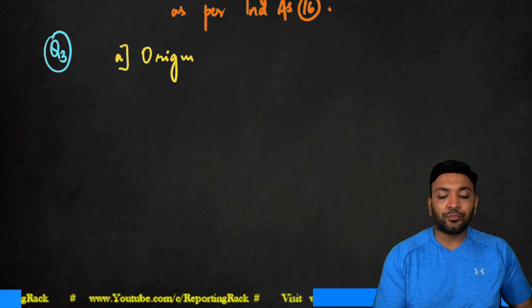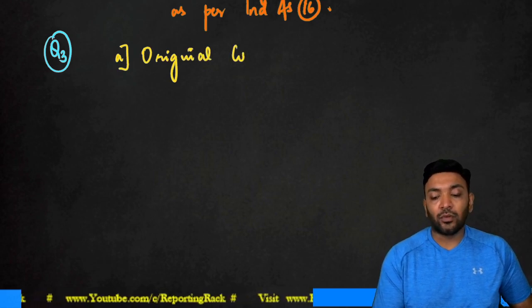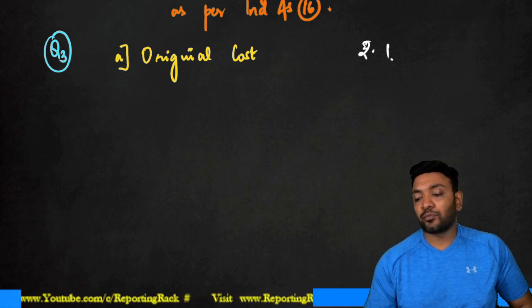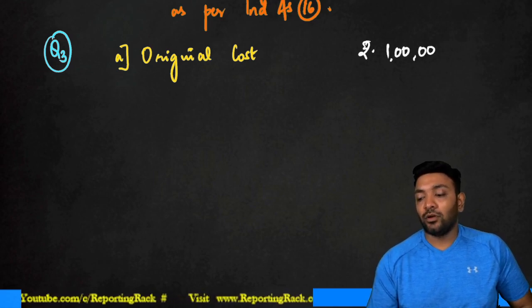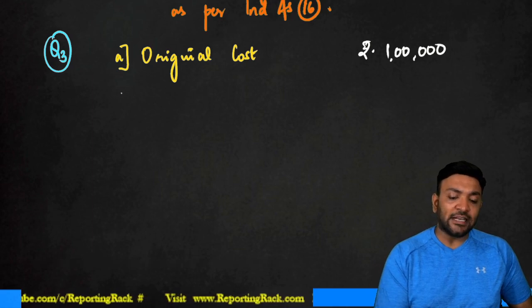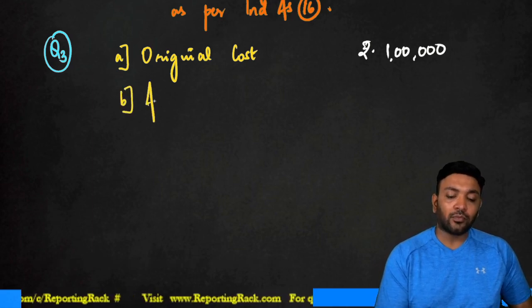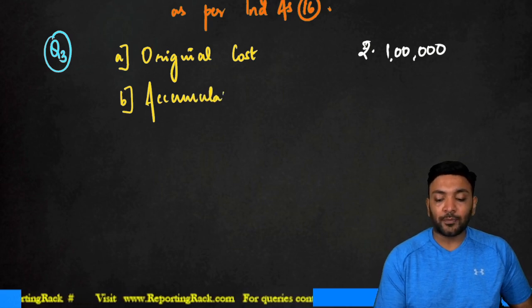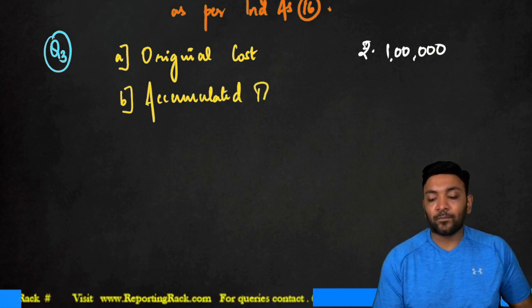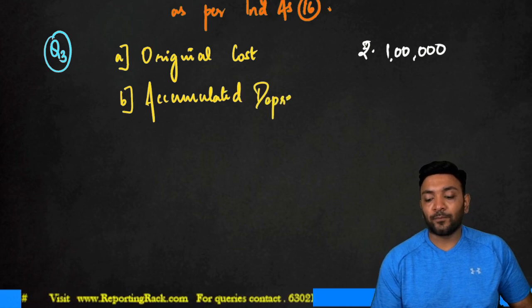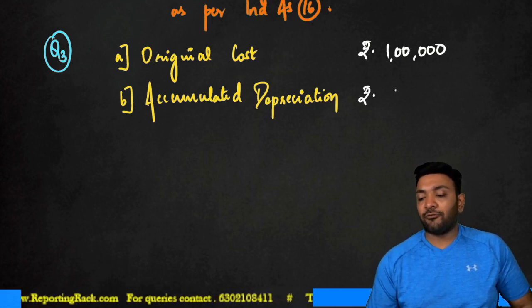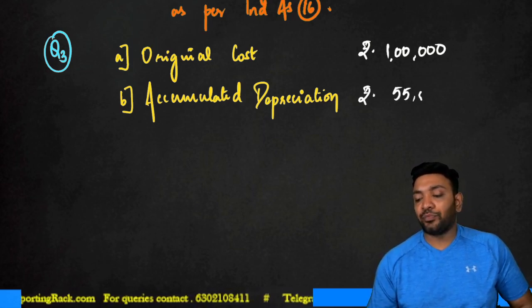Question number 3. Original cost is 1 lakh. The accumulated depreciation is 55,000.